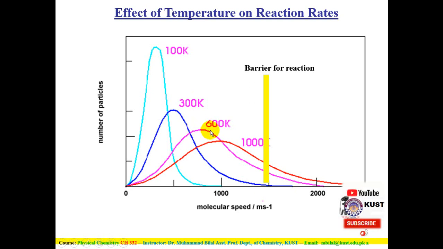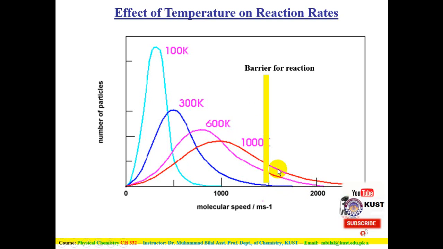At lower temperature, no molecules have the activation energy barrier energy, so no reaction will take place. If you go to 600, a small fraction of molecules will cross the energy barrier and the reaction will start, meaning reactant converts into the product. If we increase the temperature to 1000, this fraction will be increased.